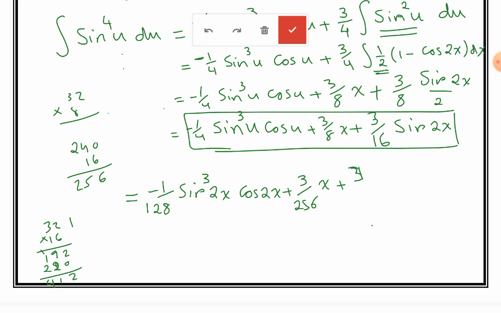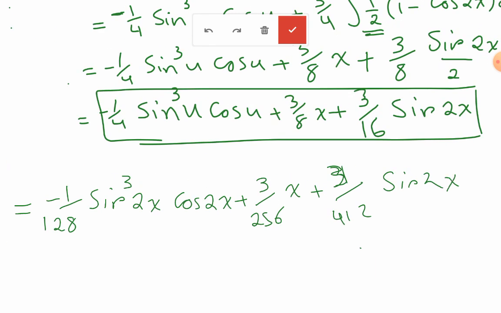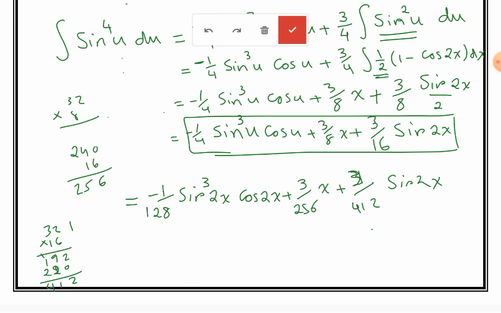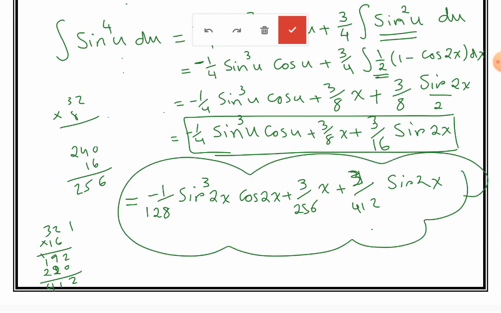So now it's 3 over 512 sine 2x. This is my final answer.